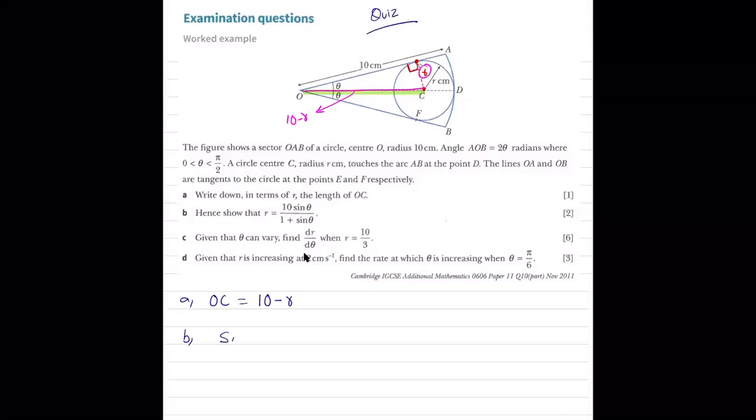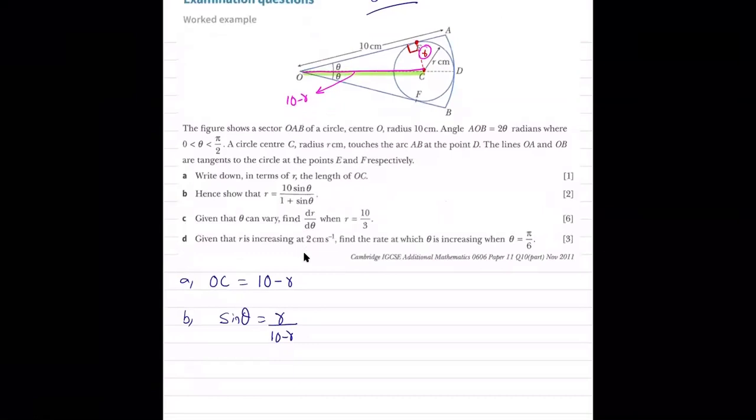So can I use sine theta to begin with? Sine theta is going to be equal to r upon the length of OC, that is 10 minus r. And you can simplify this equation: 10 sine theta minus r sine theta equals r. The task is to make r the subject, so I'm going to collect all the r terms on one side.